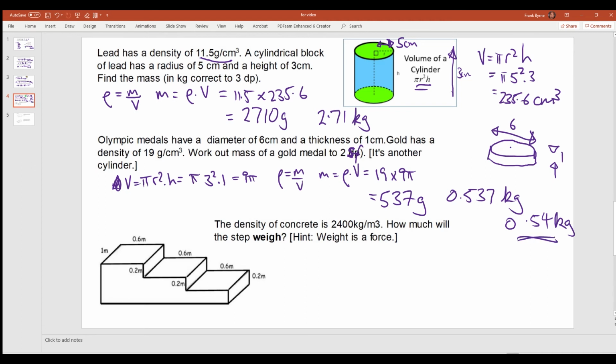2dp, 0.54 kilograms. What's the density of concrete block of mass? So this whole block over here is 2,400 kilograms. How much will it weigh? Okay, so there's a little extra tricky bit coming up here. I'm going to imagine that block here moving into that segment there, because if you think that segment there is the same as that, you can do it a variety of ways.